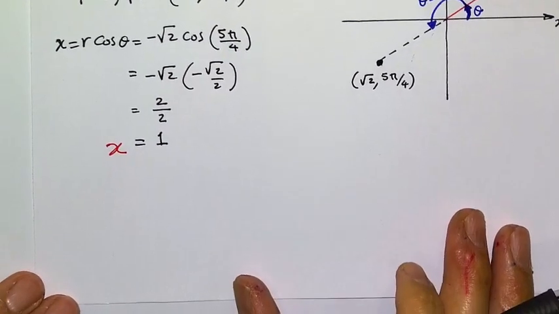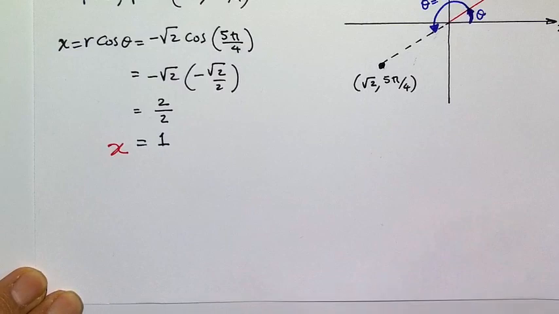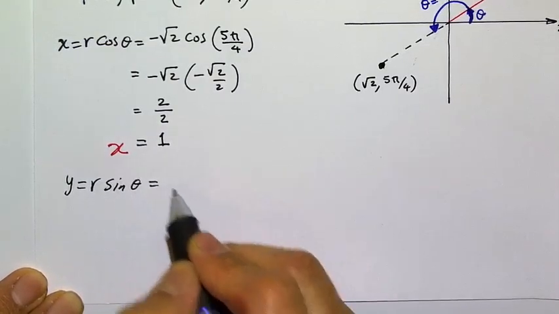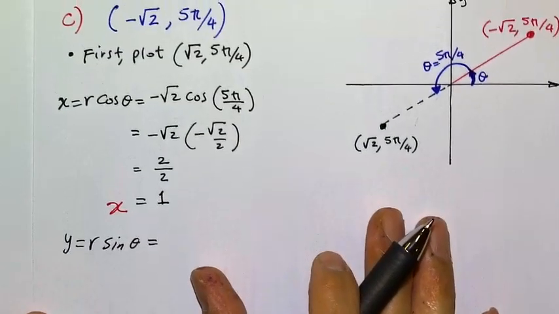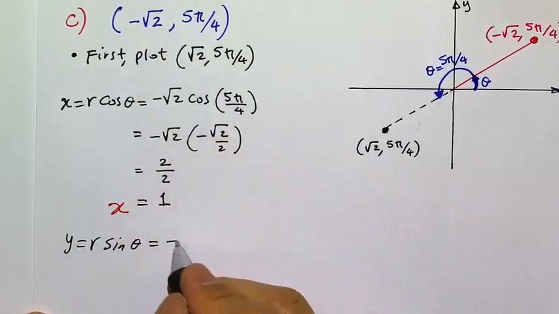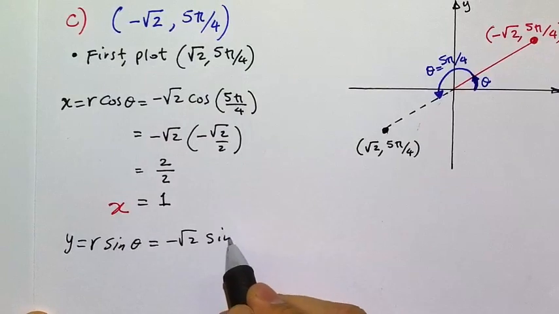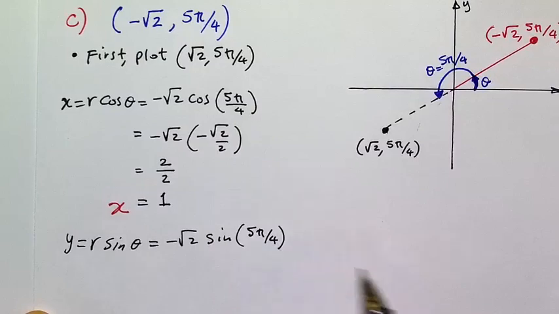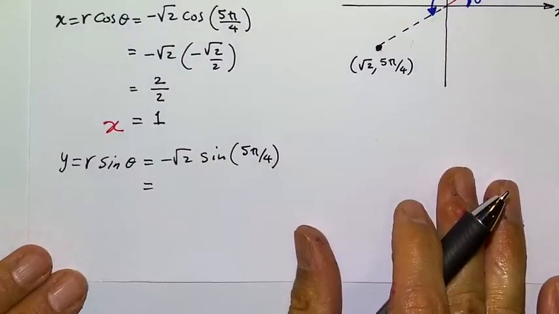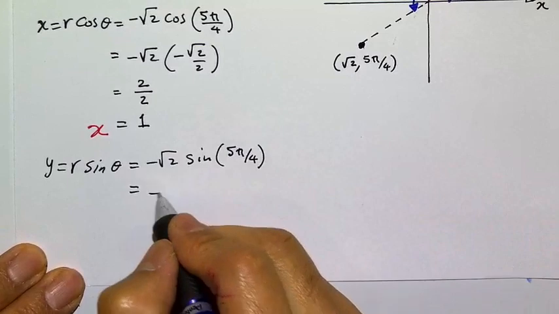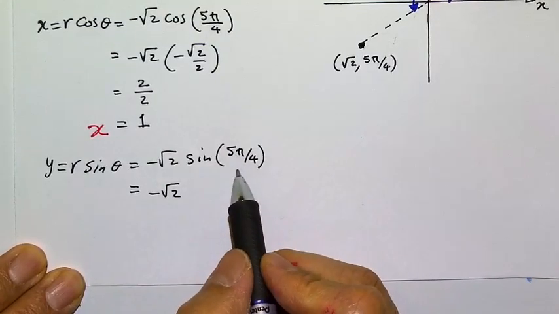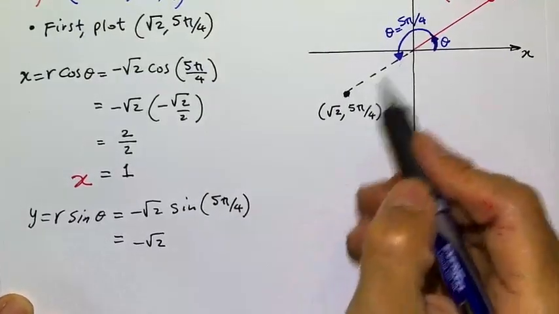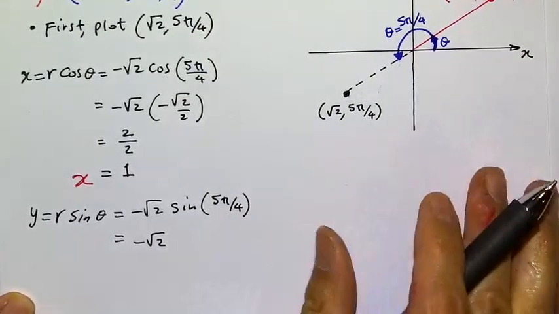And then for the y value, y is equal to r sine theta. So this would be r is minus square root of 2 times sine of 5 pi over 4. And then in the third quadrant, sine, of course, is negative, right? In this quadrant, sine is negative.